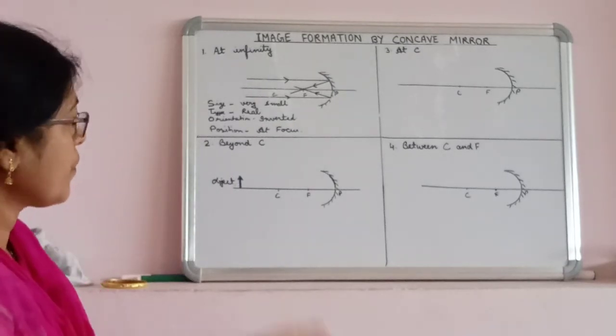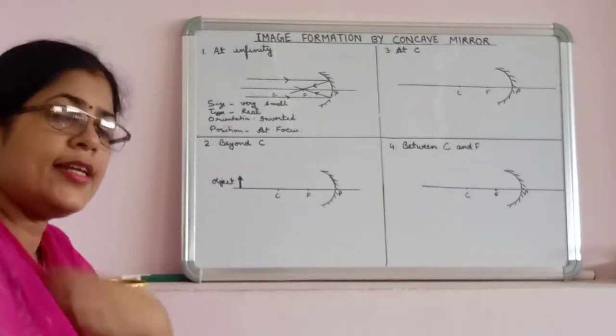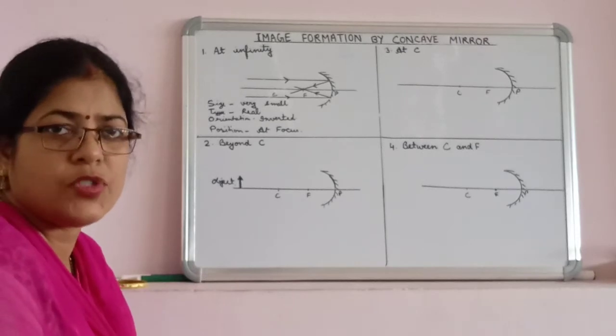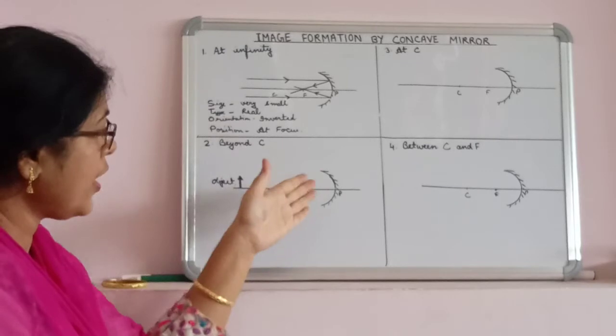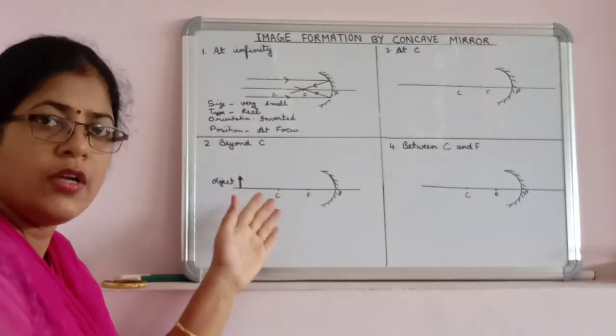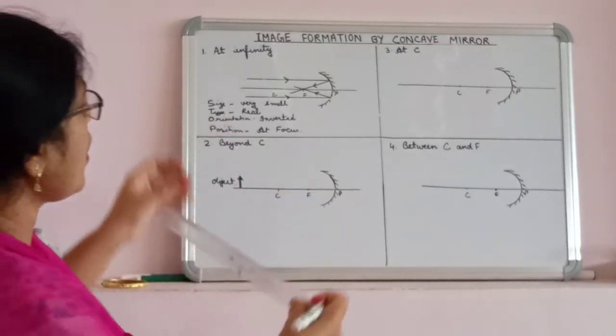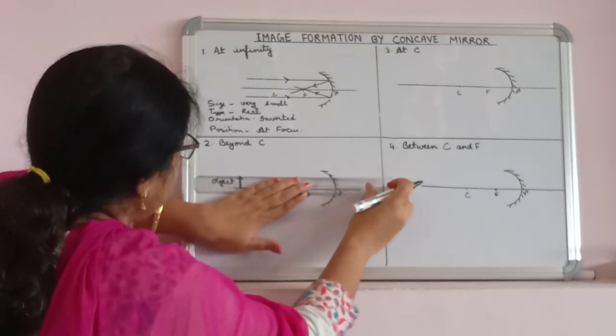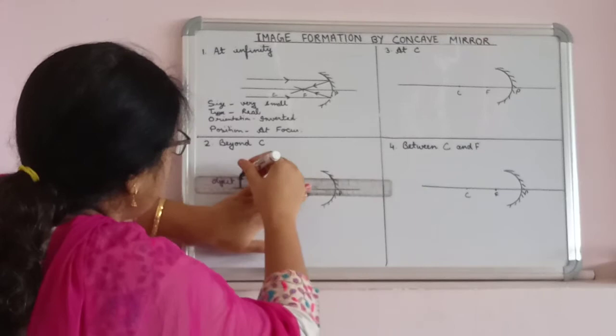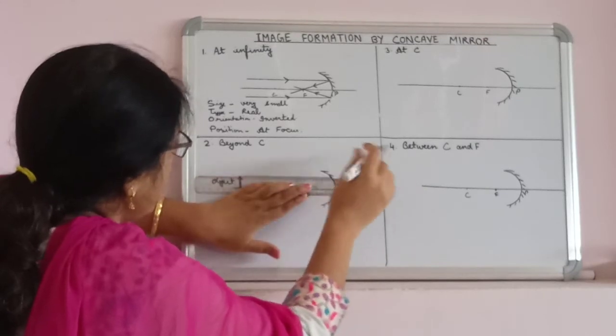Okay. Now, we will consider it as a self-illuminating object or a candle, or the light is falling on it, and we will take the special rays only. So we are going to take the first special ray, that is parallel to the principal axis and falling on the mirror surface.